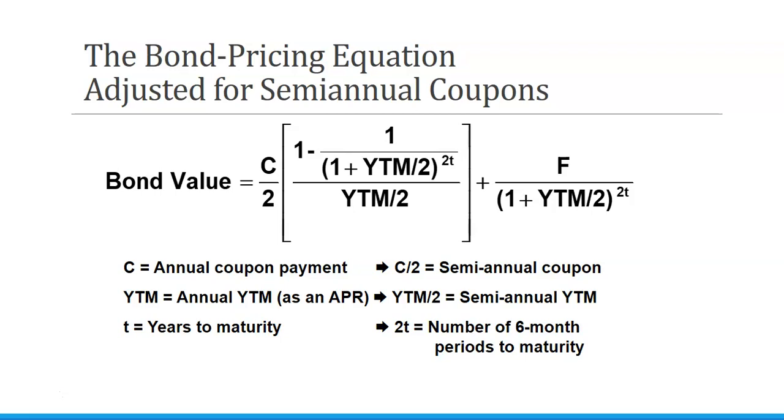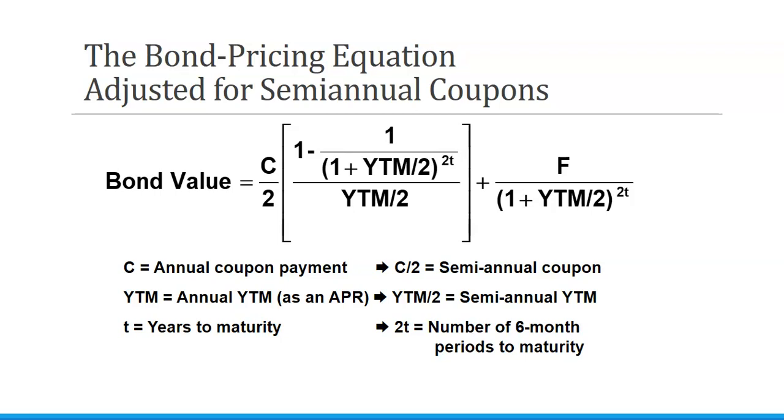C is for the coupon, we have 2 semi-annual rates, YTM is the yield to maturity, which is expressed as an annual percentage rate. The time periods are the number of 6-month periods to maturity. P is the number of years to maturity. So we adjust it to take into account that we're getting paid twice a year.